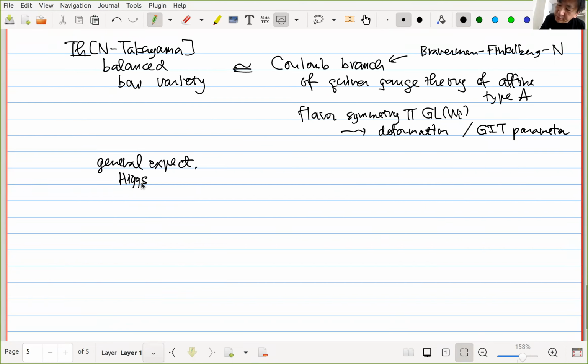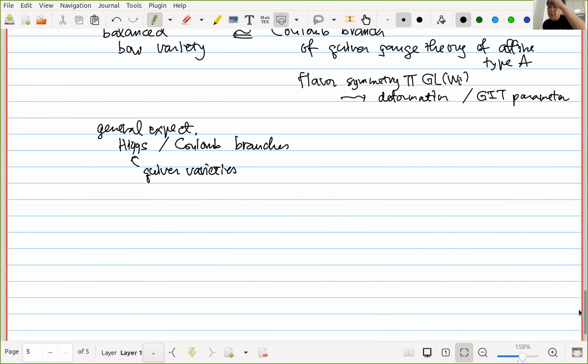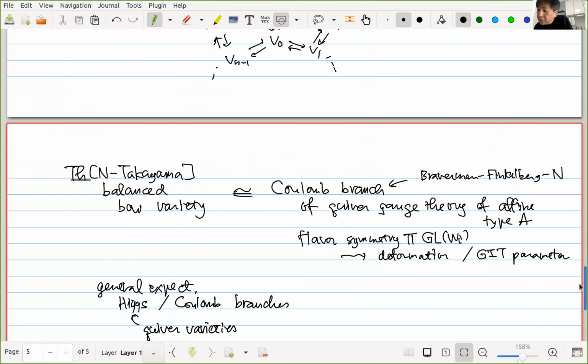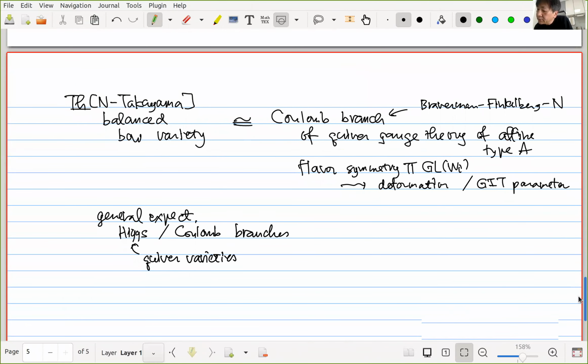So quiver variety is the Higgs branch in this particular case, but it's much more general. So starting from a symplectic representation of a group, you can assign two symplectic varieties. One is called the Higgs branch and the other is called the Coulomb branch. And for quiver gauge theory, this Higgs branch is just the quiver varieties.